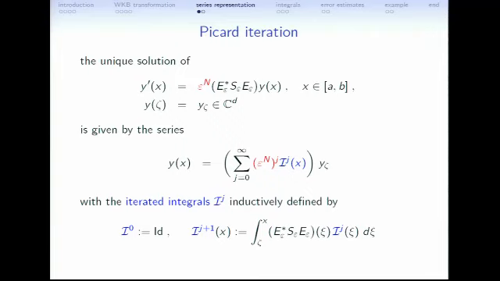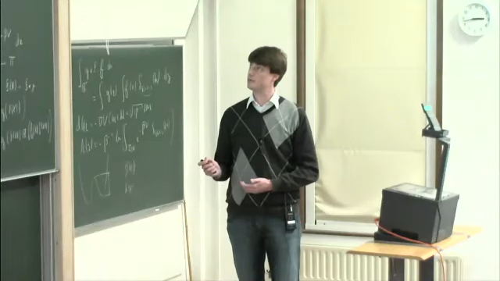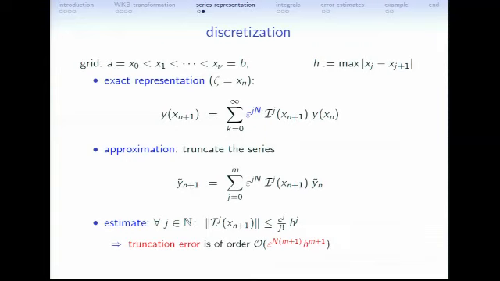And how does this help us to find the discretization? In order to discretize, first let's fix a grid with step size h. Then we know that on each subinterval we have an exact series representation, just from the slide before. So as initial condition we take the value at x_n, and then we can write down the value of y at x_{n+1}. And as always in numerics, if you have an infinite series, you truncate it at a certain point.